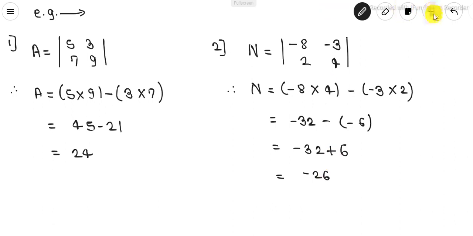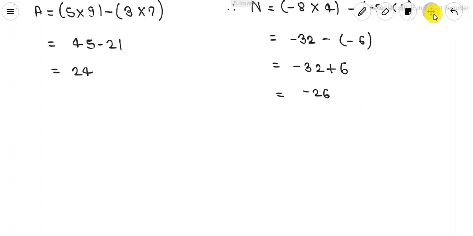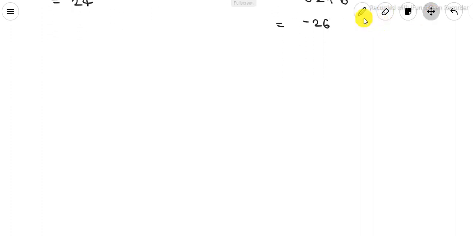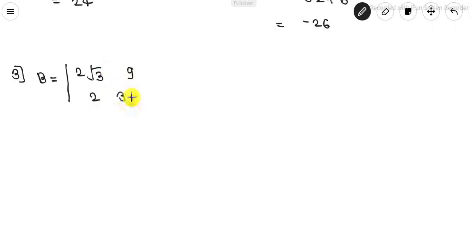Now we see the third example in your book. The third example given in the book is the determinant B is equal to 2 root 3, 9, 2 and 3 root 3. Now we have to find out the value of the given determinant.